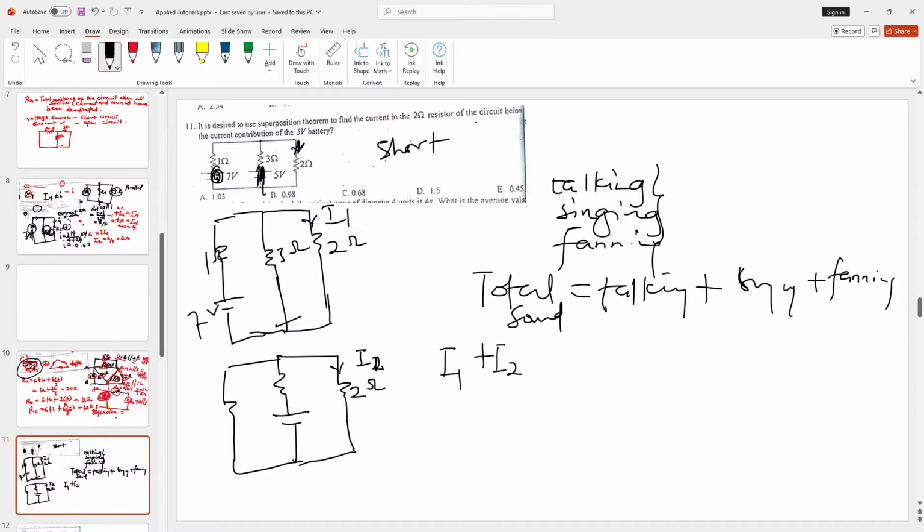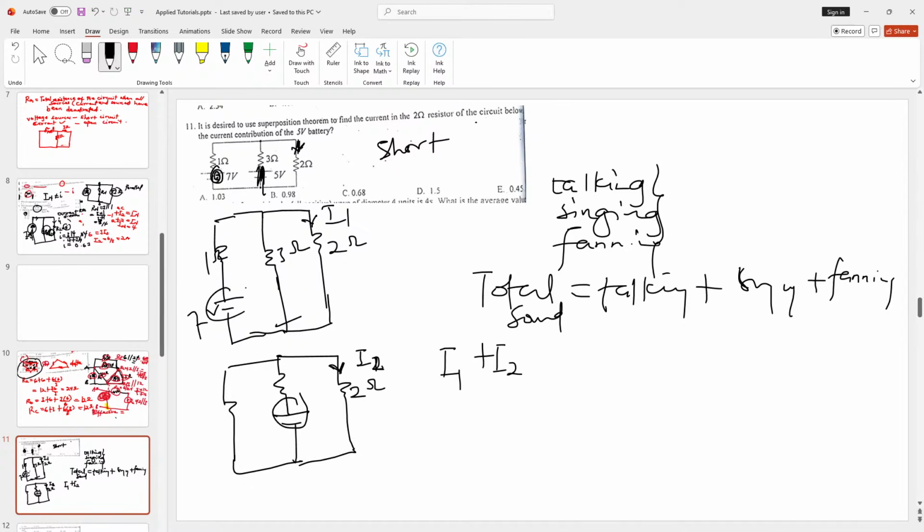Do you get it? So you make one act alone and find it. You make the other one also act alone and then you find it. After you're done, you add the two. Do you get it? Now, let's read the question very well. It is desired to use superposition to find the current in the 2 ohm resistor of the circuit below. Now, they are saying that we should find the current contribution of the 5V battery.